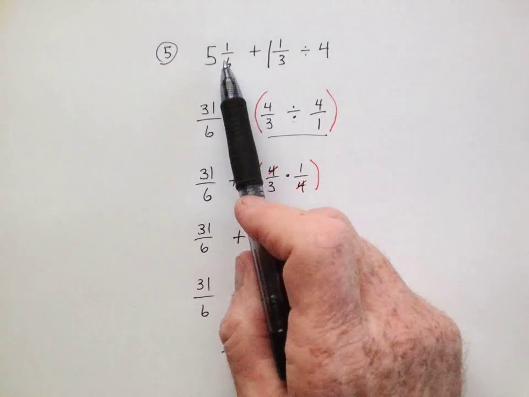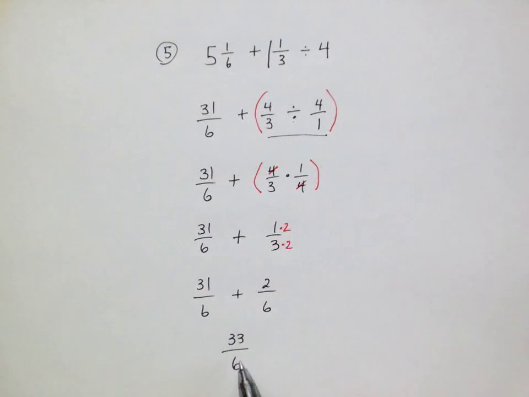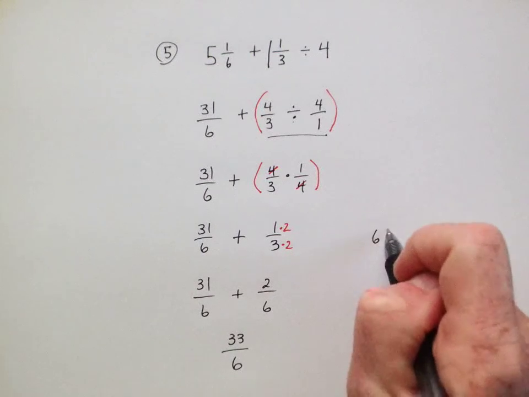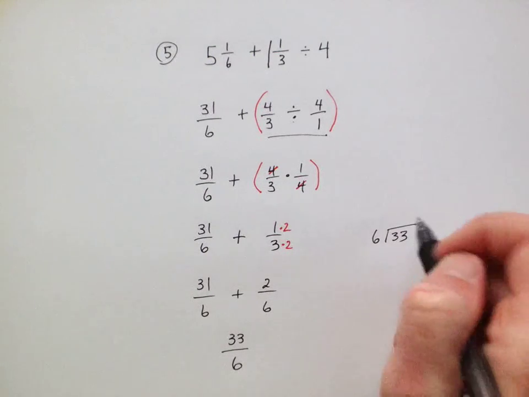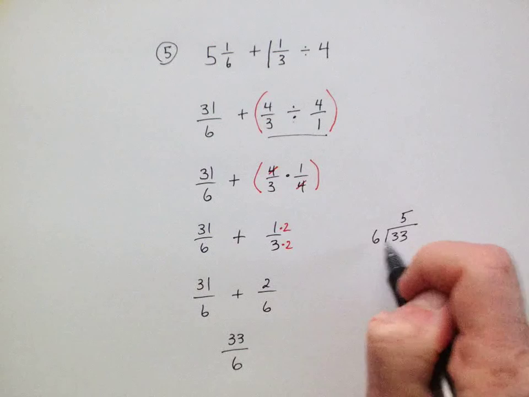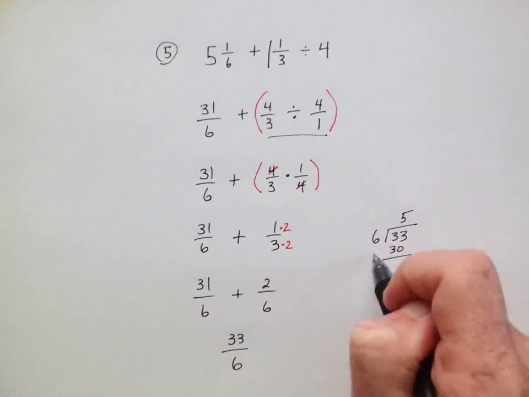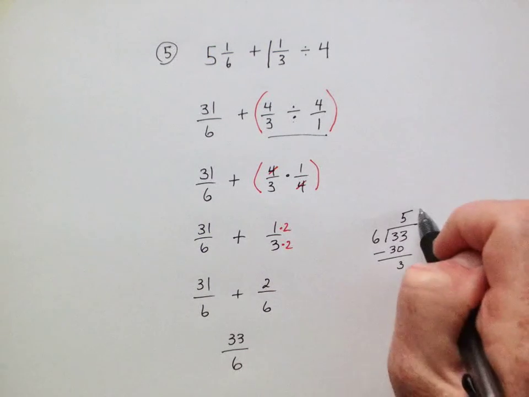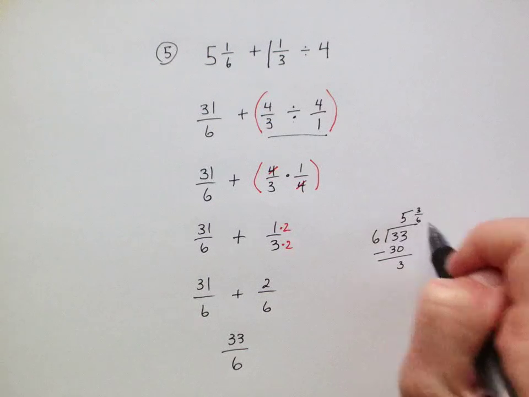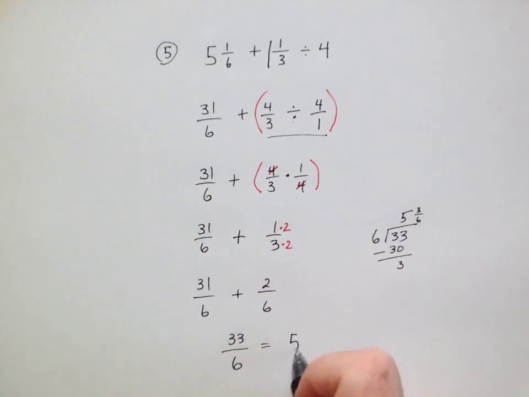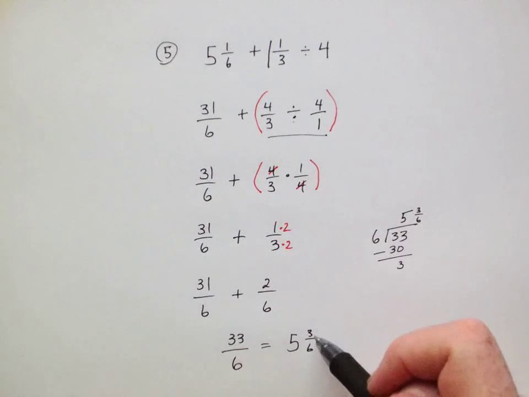Then the question had mixed numbers, so the answer should have mixed numbers. So let's see, 6 divided into 33 goes 5 times, so this is going to be 30 with a remainder of 3, so it is 5 3/6. But now once I've done this, the 3/6 could be reduced.